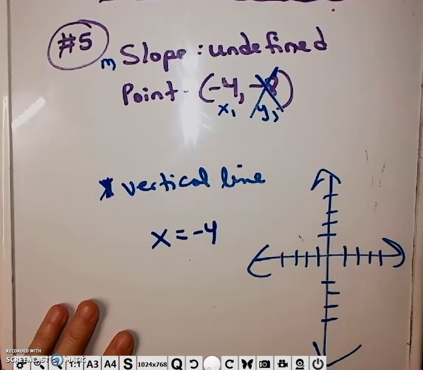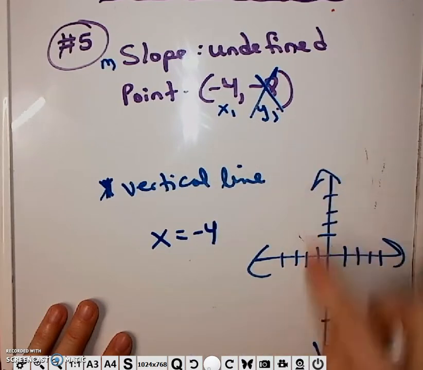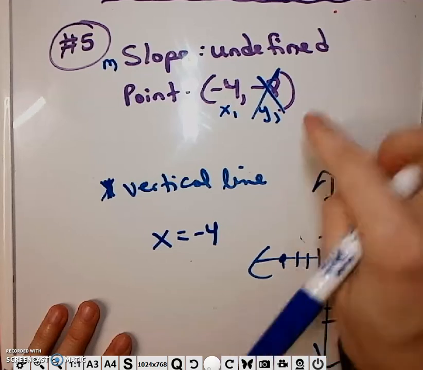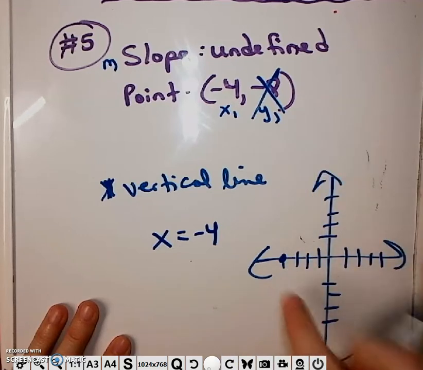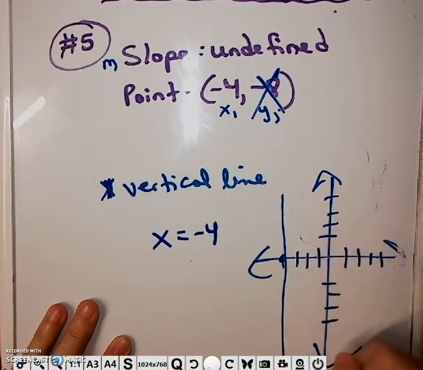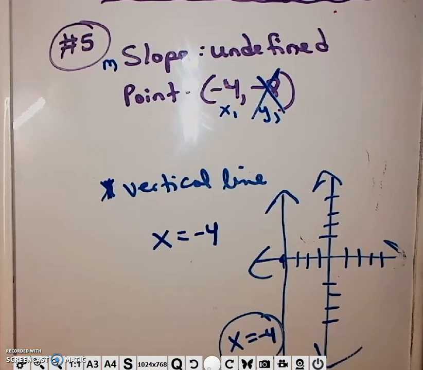That's my coordinate plane. -4, -8 would be down here. It doesn't matter because no matter what y is, my x value is always going to be -4 because it's a vertical line. It's undefined. That's how I would graph it, and it's x equals -4.